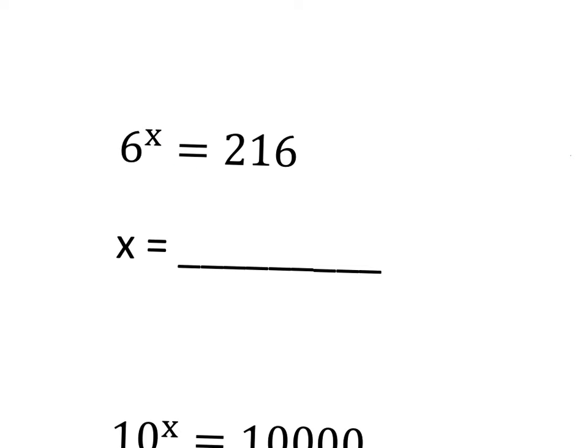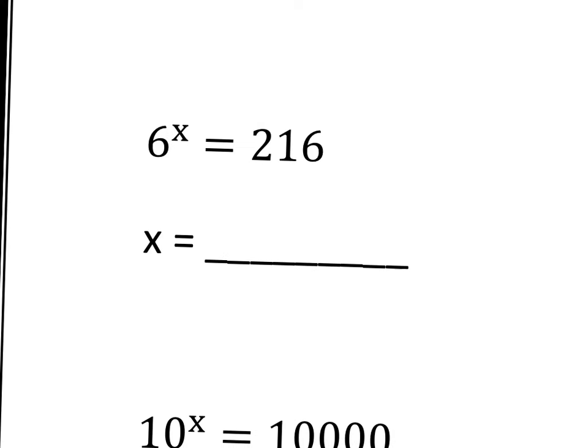Okay, let's try the second question. So again, we have 6 to some exponent x is equal to 216. So we have to figure out how many times we have to multiply 6 together to get our answer. So we know 6 times 6 is 36.